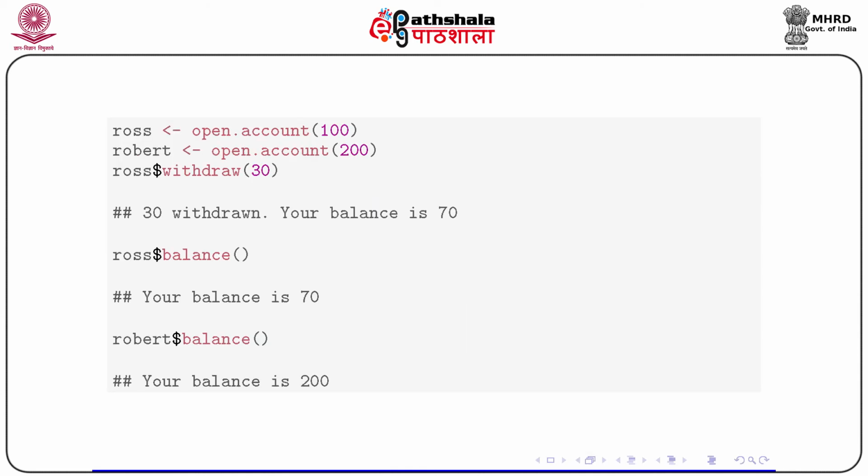This is a function that I defined, and suppose Rose opens an account of 100, Robert opens an account of 200, and Rose withdraws 30. Then the balance is 70, so Rose's balance, if you want to see, is 70, and Robert's balance is 200.